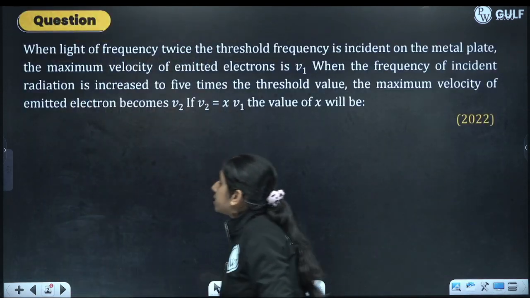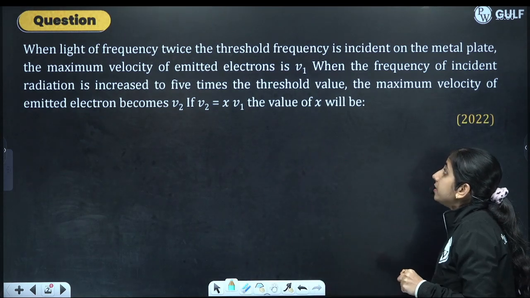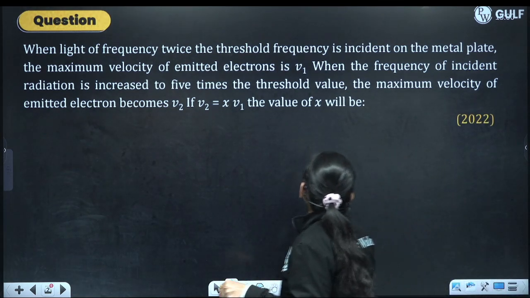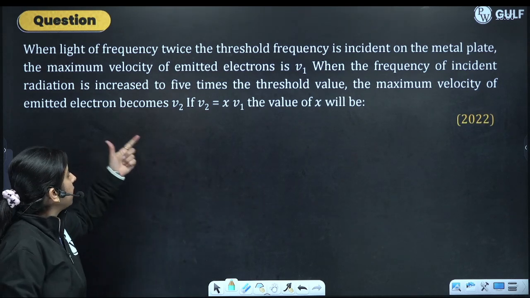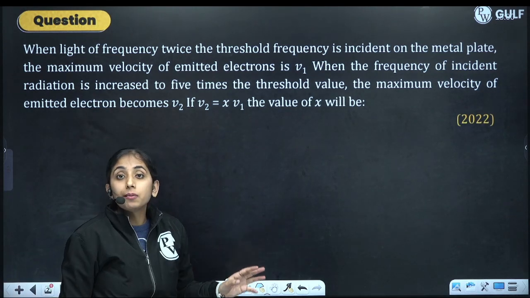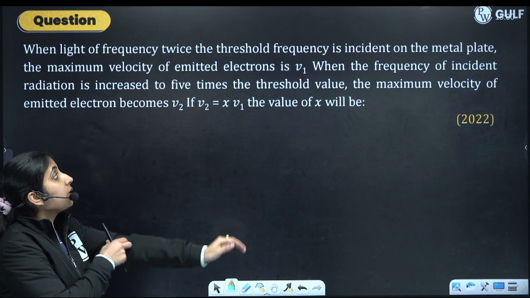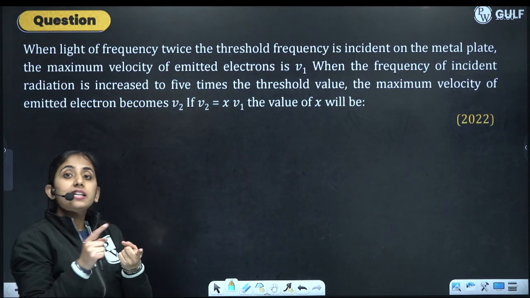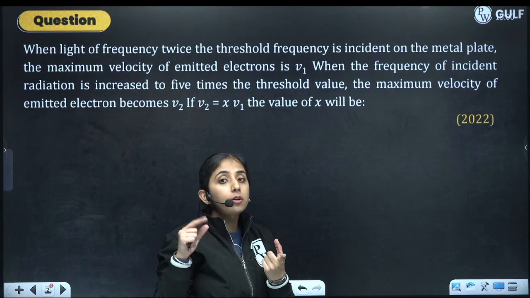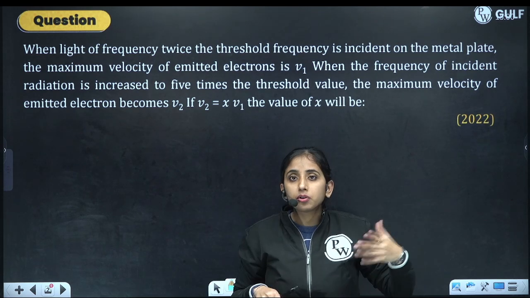The first question says, when light of frequency twice the threshold frequency is incident on the metal plate, the maximum velocity of emitted electrons is V1. When we make light incident on a metal plate, electrons are emitted.